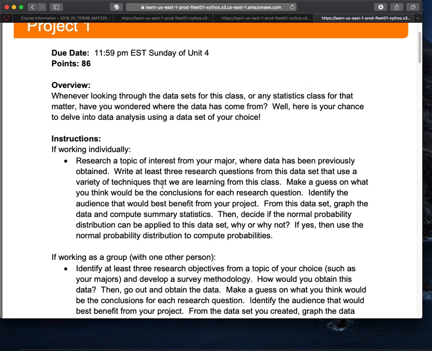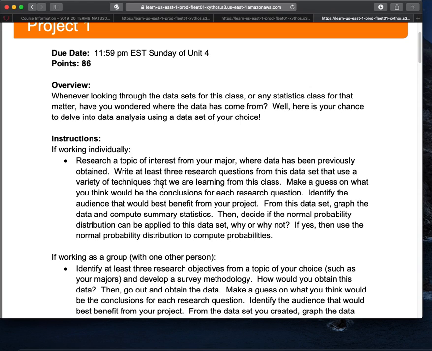Naturally you wouldn't necessarily be able to see all those particular techniques just yet, but we'll be getting to them in due time. I want you to make a guess on what you think would be the conclusions for each of these research questions. Identify the audience that would best benefit from your project, and then graph the data, compute summary statistics, which we will definitely be getting to, and then decide if the normal probability distribution can be applied to this data set.